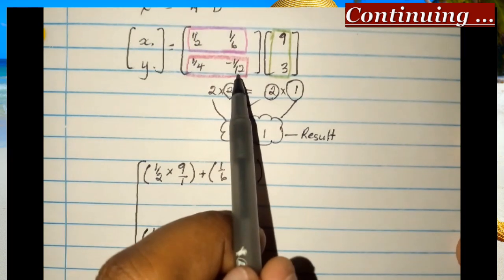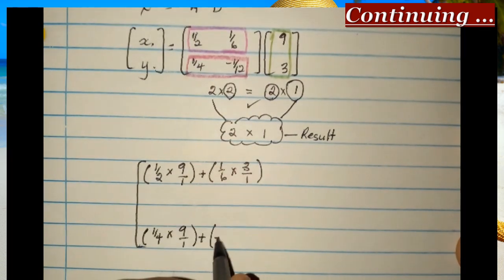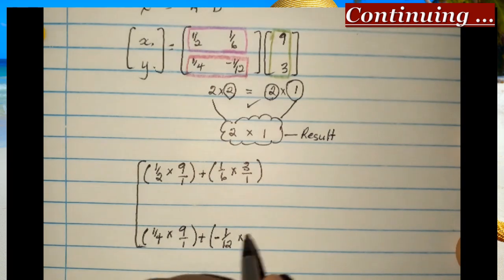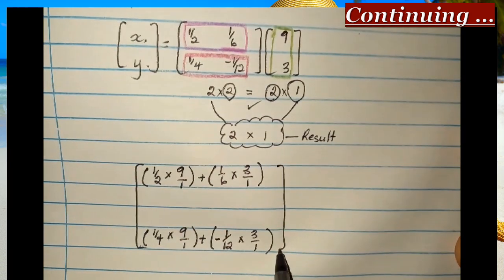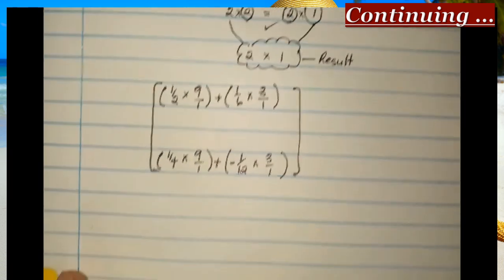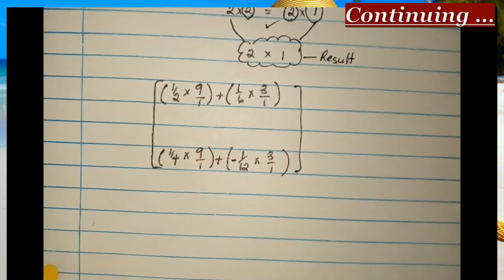Now move on to the second element, negative 1 over 12 multiplied by 3. There we go. So my working matrix is complete. Now it's time for me to actually work it out.